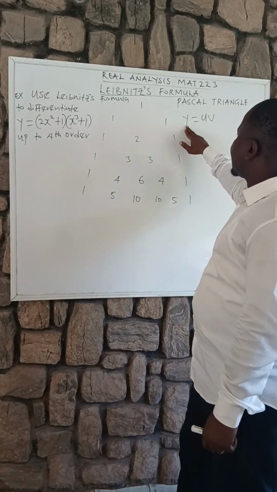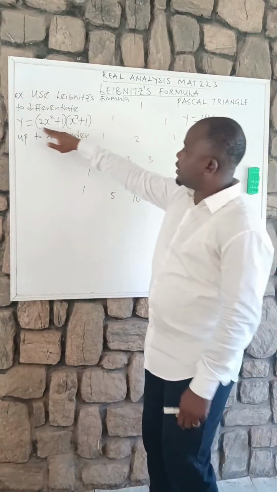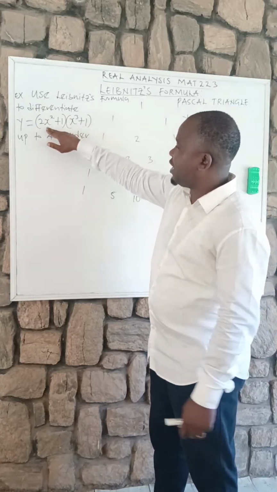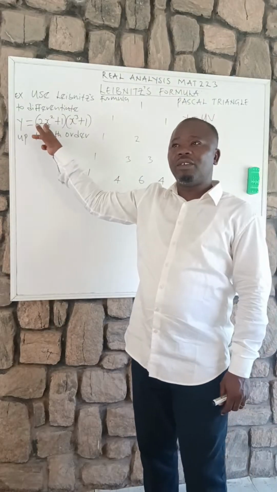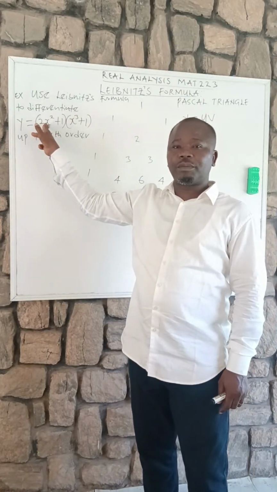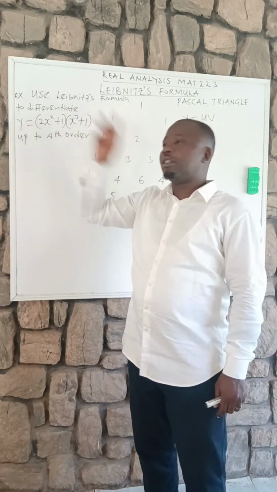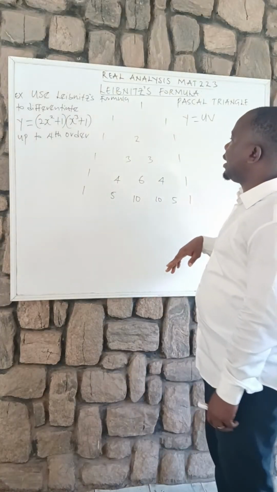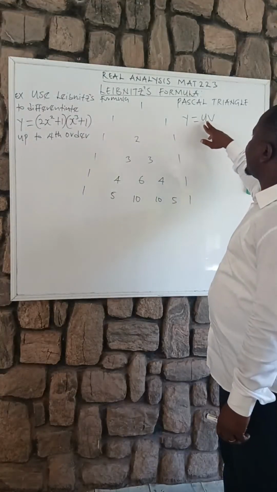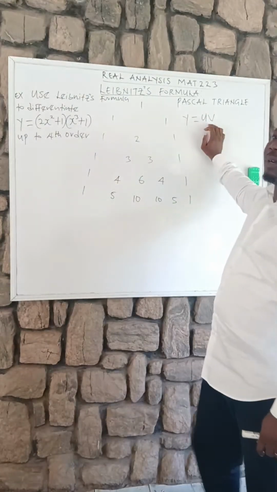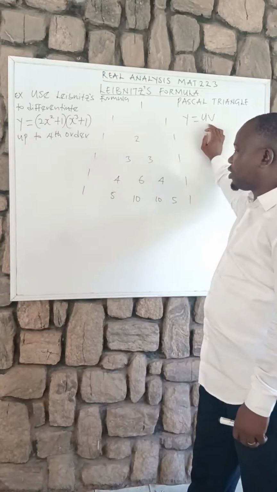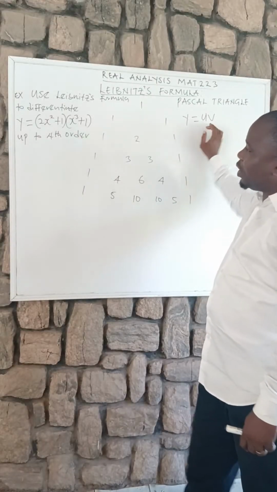We know that as long as this function is concerned, we are supposed to use the product rule to evaluate this. So what we need here is this formula, in the form of the product rule. And they said up to fourth order.